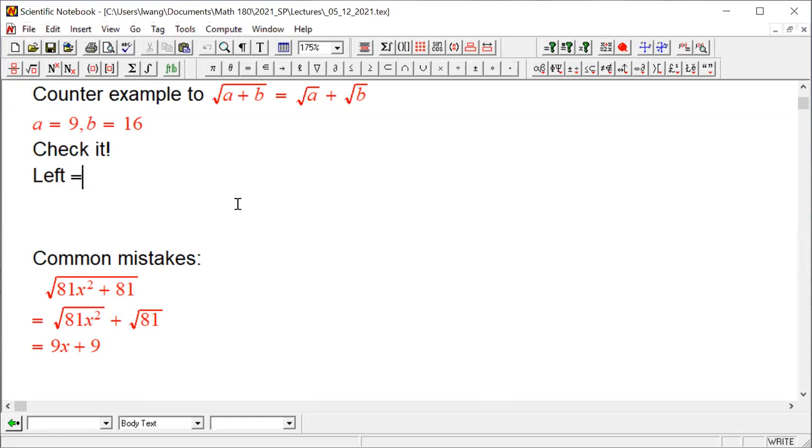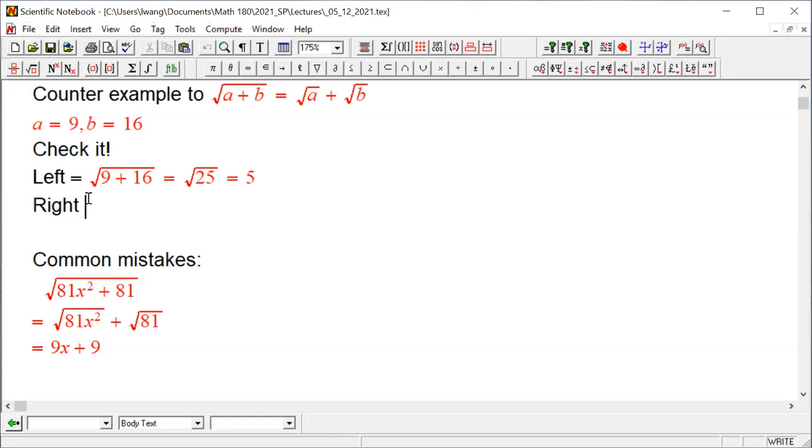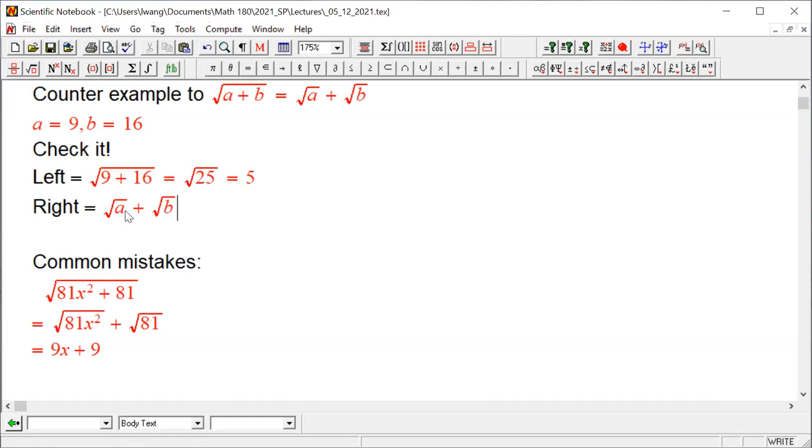Left-hand side, right? Root of 9 plus 16. That's going to be what? Root of 25, right? We're very familiar with this Pythagorean theorem. Equals 5. And what's on the right-hand side? Root 9 plus root 16 equals 3 plus 4 equals 7.